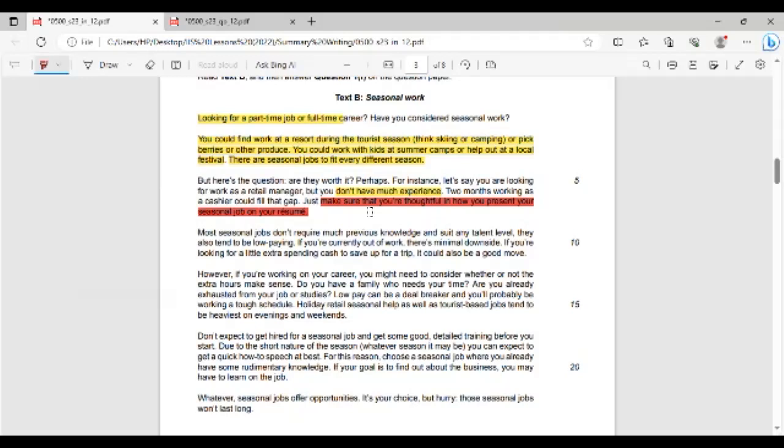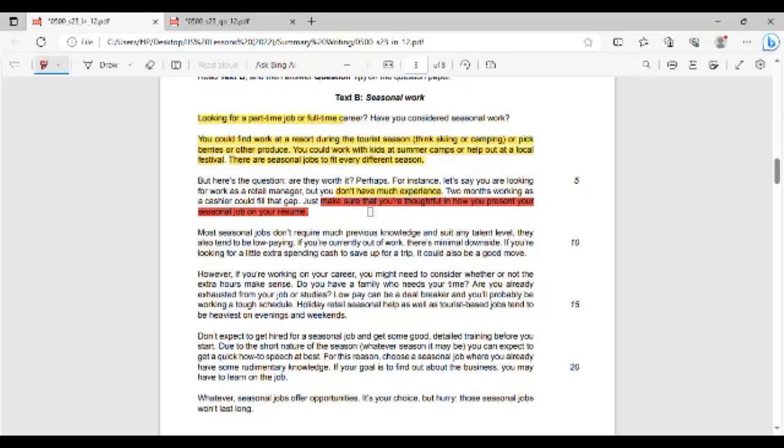So you could be disqualified because your experience will not count, because they think it's seasonal work. So that's the first disadvantage I have been able to identify. So far we've identified four advantages, one disadvantage. Three out of the four are implicit, one is explicit, and the very first disadvantage is implicit.